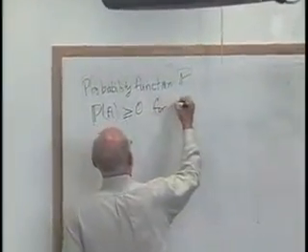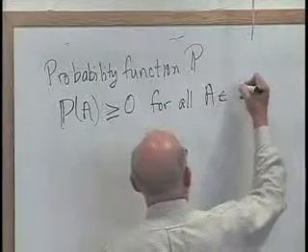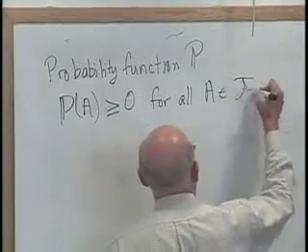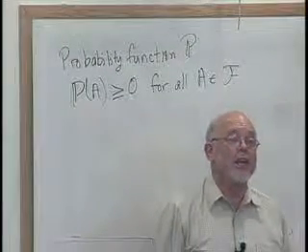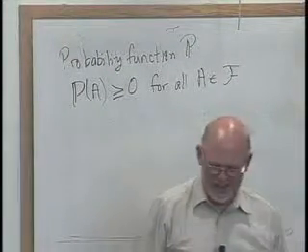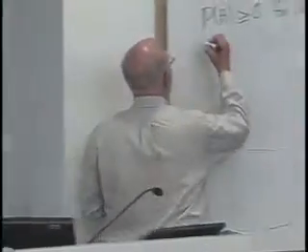So if an event A is in the event space, its probability is either 0 or positive. And if it's not in the event space, the probability function just isn't defined. You could read what I said as saying if it's not in the event space, it could have a negative probability, but it can't even have a defined probability if it's not in the event space.